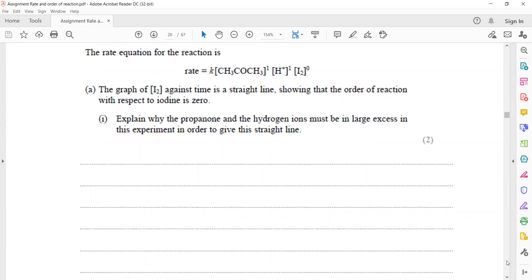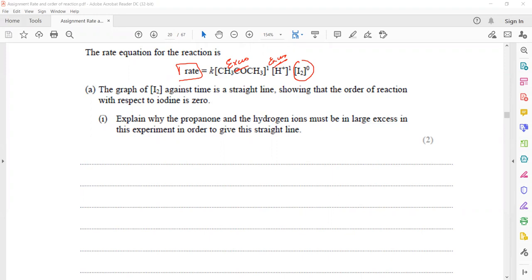Explain why propanol and hydrogen ion must be in large excess in this experiment in order to give a straight line. So when we are finding the effect of the concentration of iodine on the rate, the propanol and the hydrogen ion concentration should be in excess, more than enough.